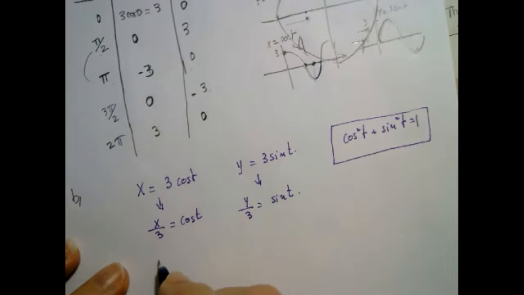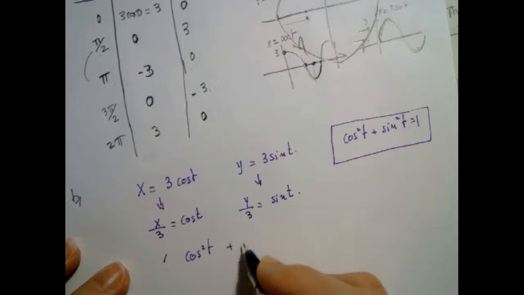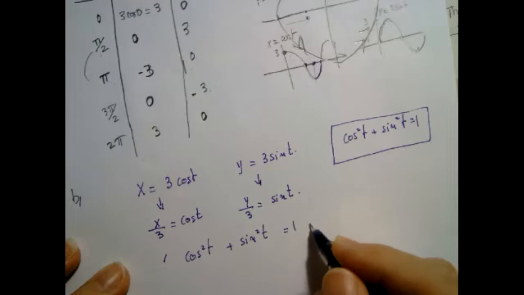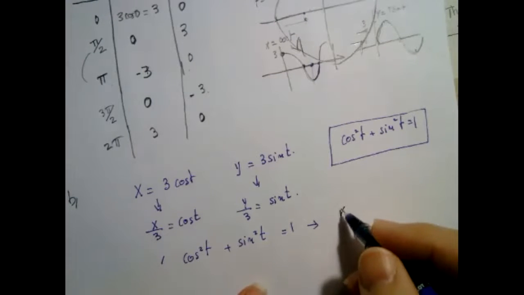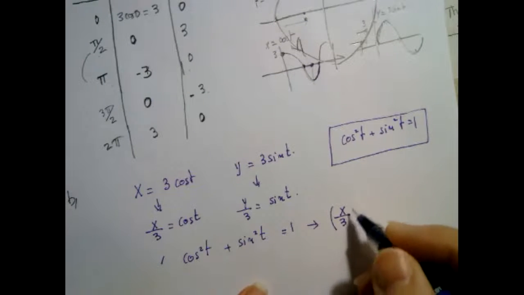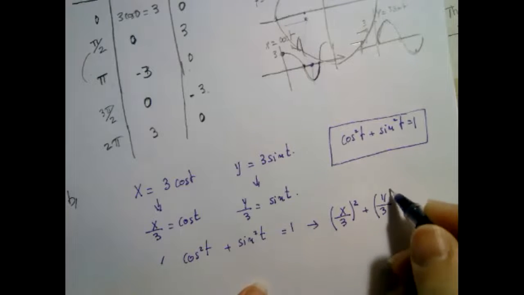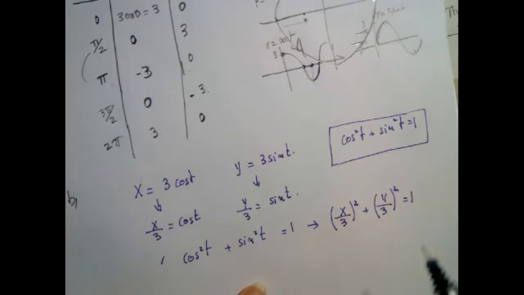So I'm going to square both sides. It means if I take x over 3 squared plus y over 3 squared, I get 1.